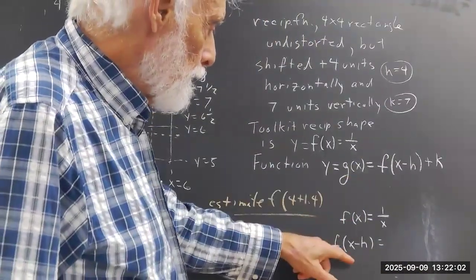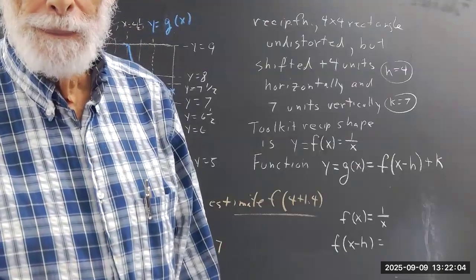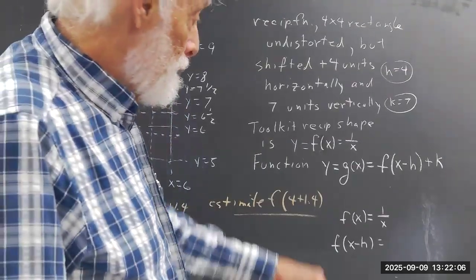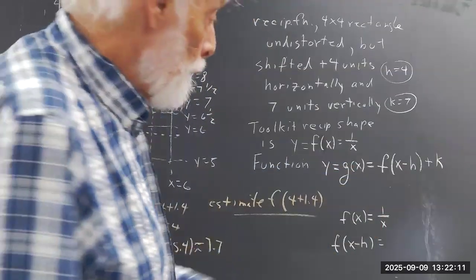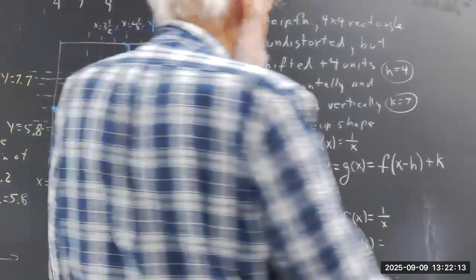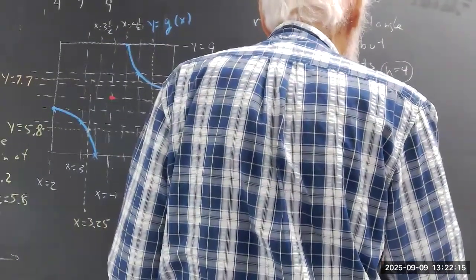If f of x is 1 over x, what's f of x minus h? Well, x has become x minus h, hasn't it? So if x becomes x minus h, we have 1 over x minus h.